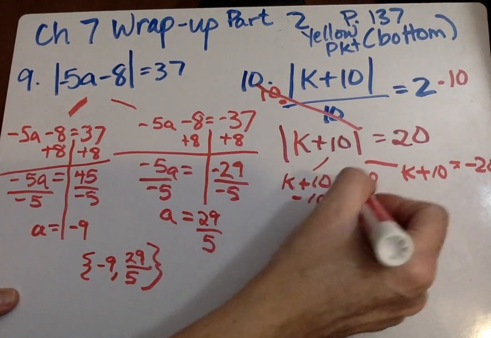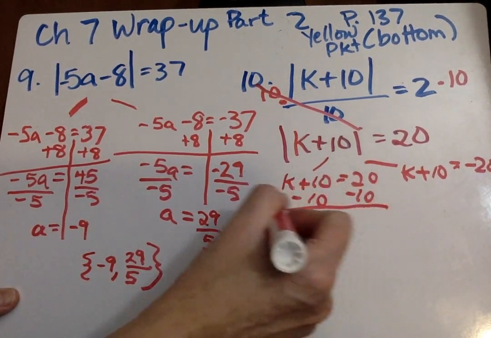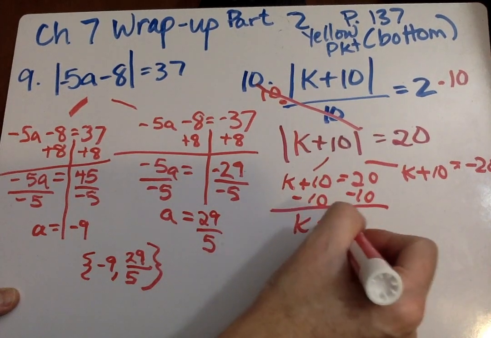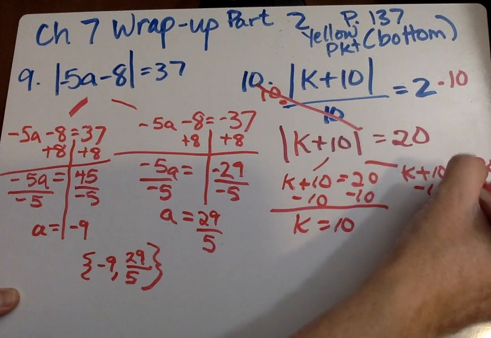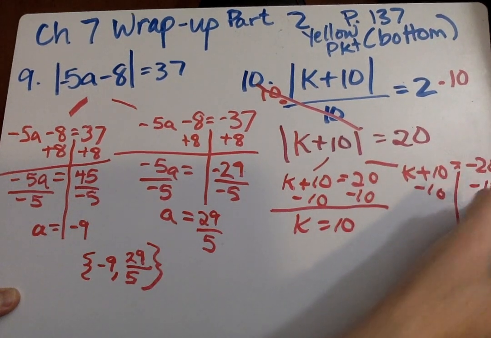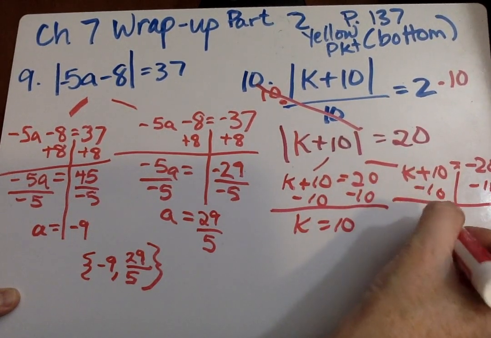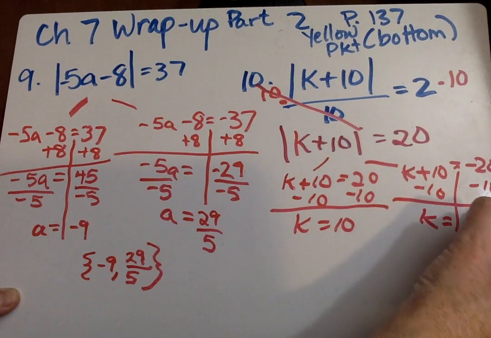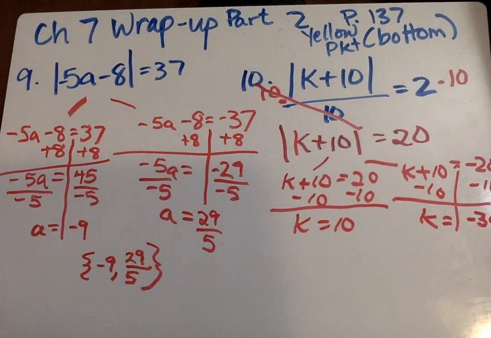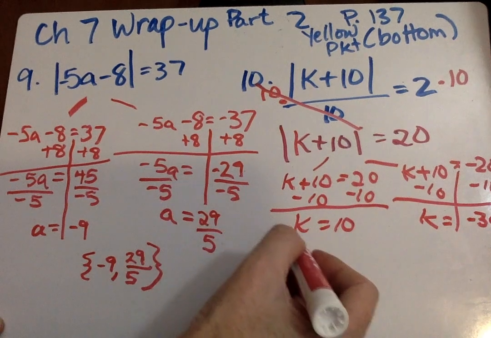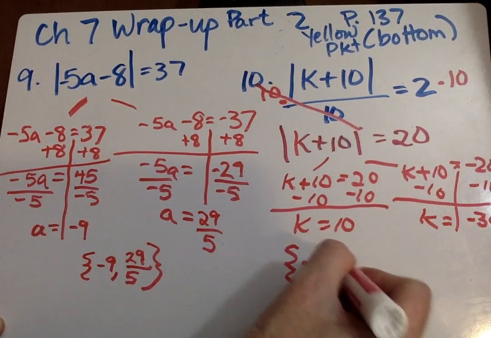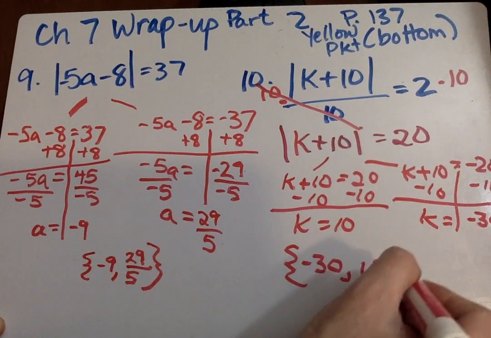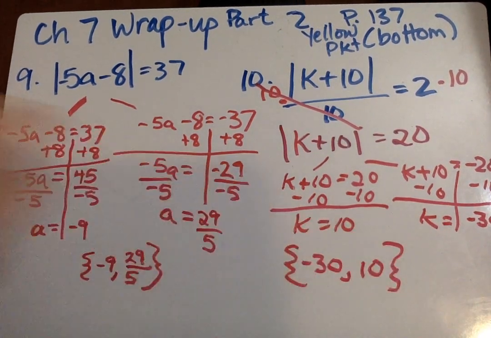Minus 10, minus 10. So k equals 10. Over here, minus 10, minus 10. K equals negative 30. Then I go ahead and put that in set form. Smaller number first in general. And you have your two answers there.